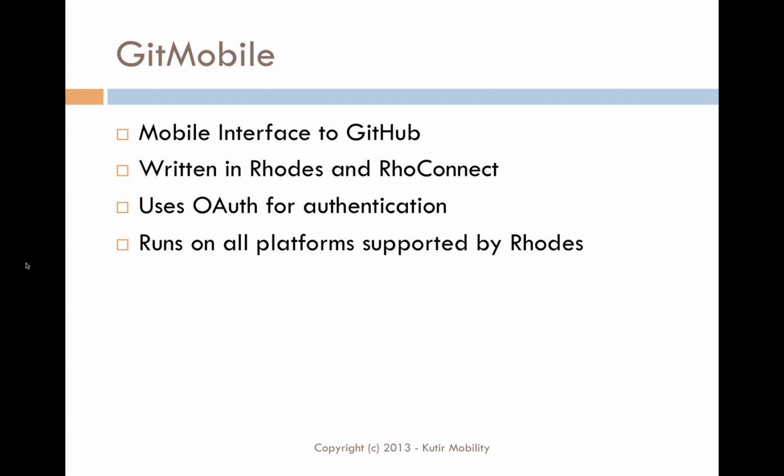So today's topic is going to be about Git Mobile. Like I said, it is a mobile interface that's written on top of GitHub. So for those not familiar with GitHub, it's a web interface to a Git repository. So this repository is in the cloud.